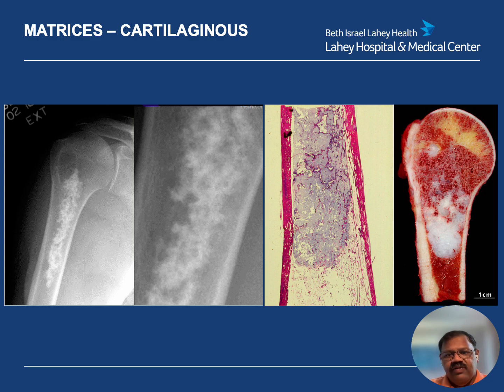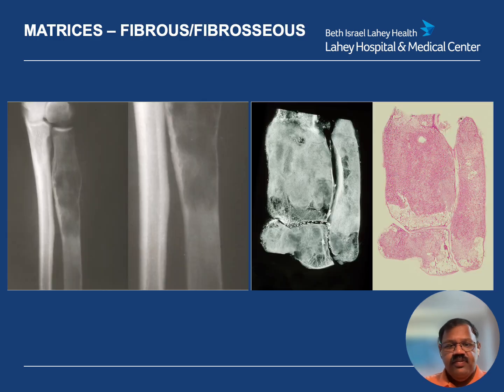And when you look at the micrographic section on H&E staining, you can see, again, there's these basophilic areas, essentially consistent with cartilage contained within the medullary space of the bone and the cortical edges of the bone. Again, suggestive of a cartilaginous matrix.